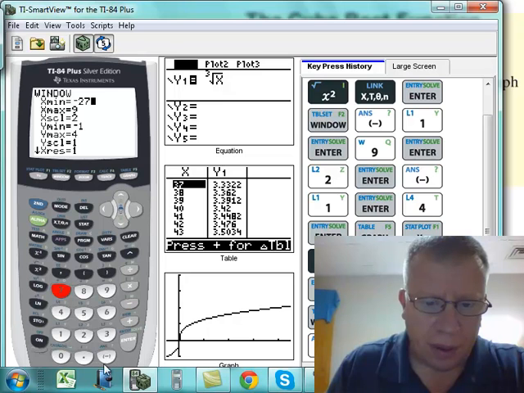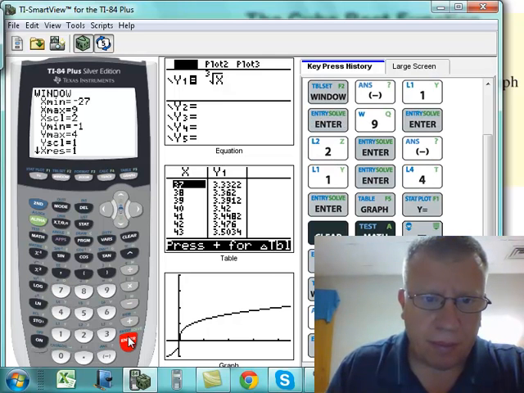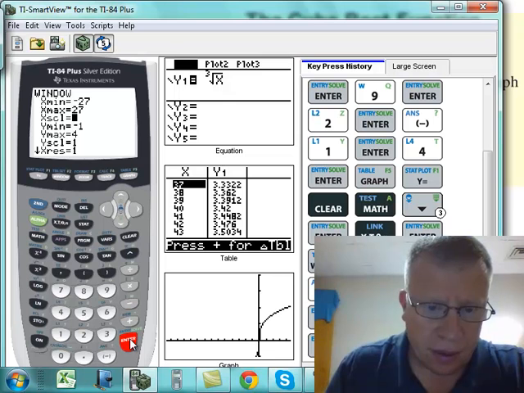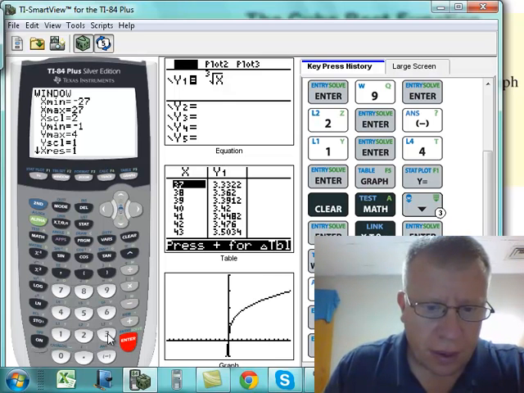That's X minimum. X maximum, let that be positive 27. Enter. And we can go by 3s on the x-axis. How about, well, okay, that's good.